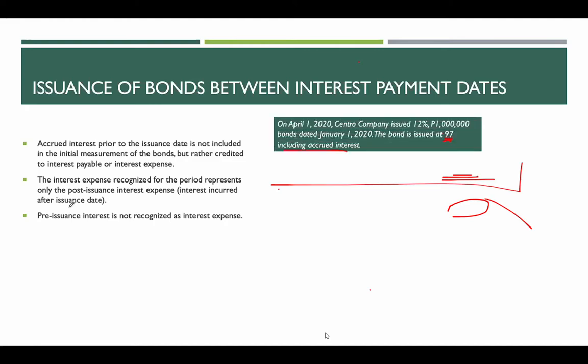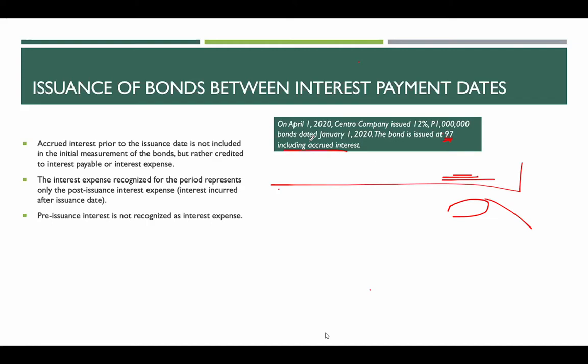On April 1, the company issued a 12% 1 million bond dated January 1, 2020. So the date of the bond is January 1. So meaning from January 1 up to the end of March, we have an accrued interest. There is already interest that has accrued. That is interest payable on the part of the company.